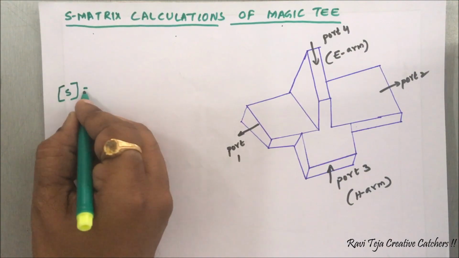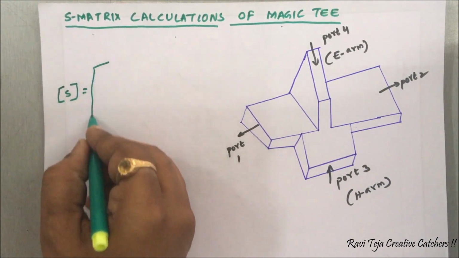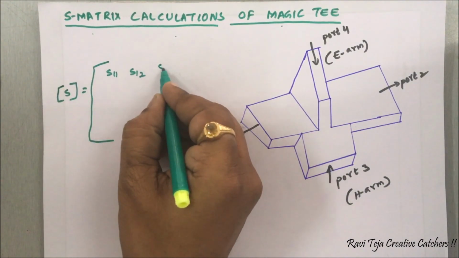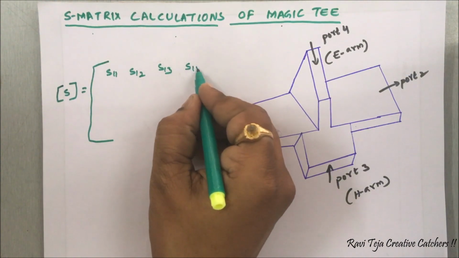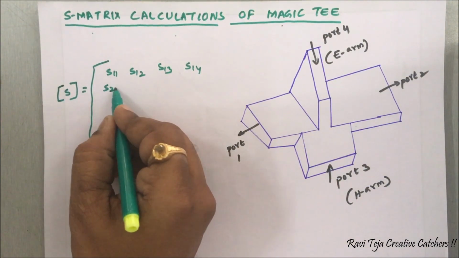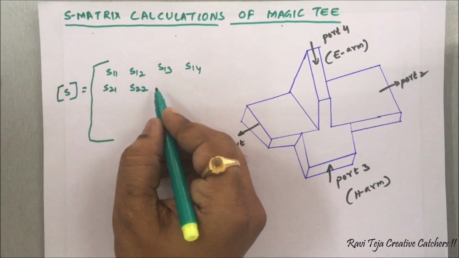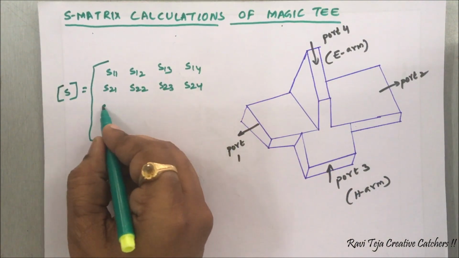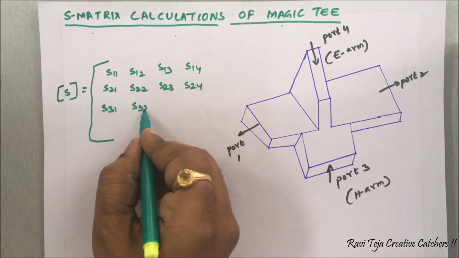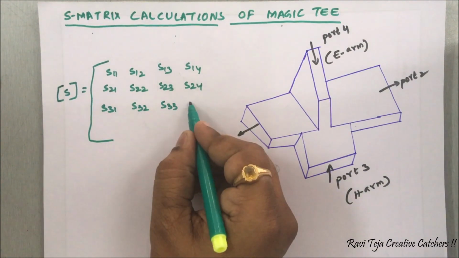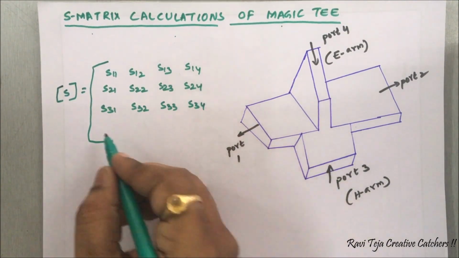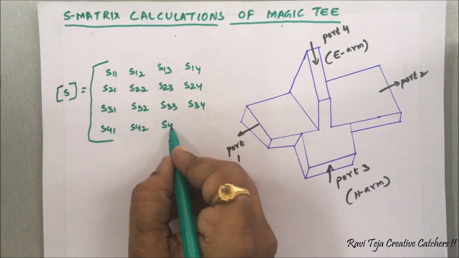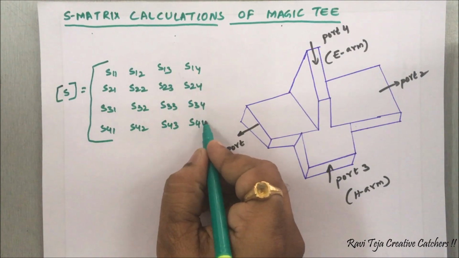This can be written as S is equal to S11, S12, S13, S14, S21, S22, S23, S24, S31, S32, S33, S34, S41, S42, S43 and at last S44.